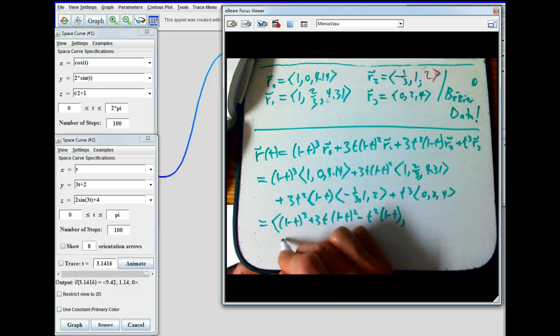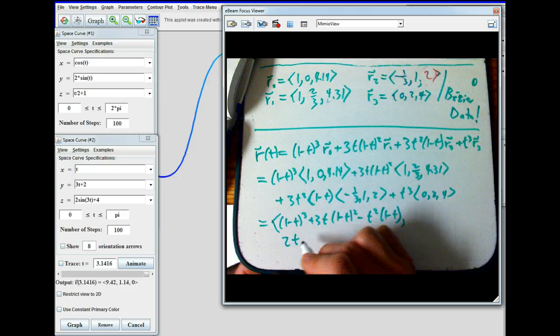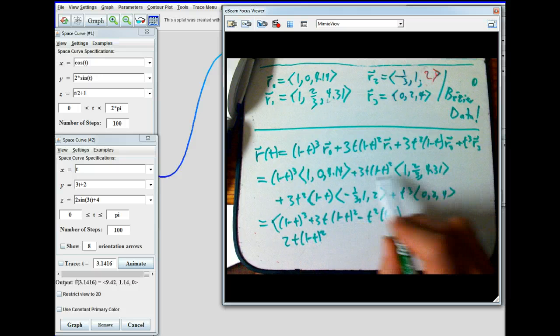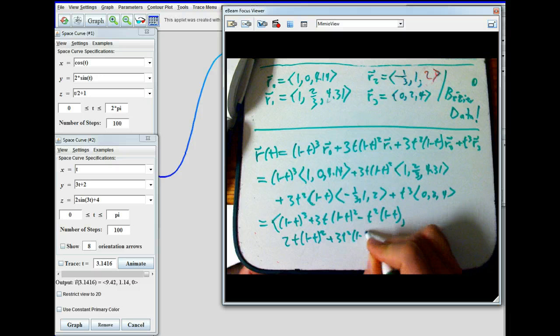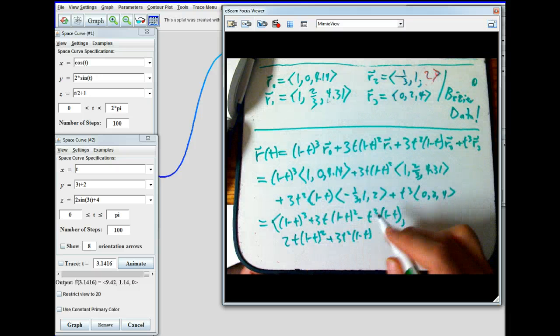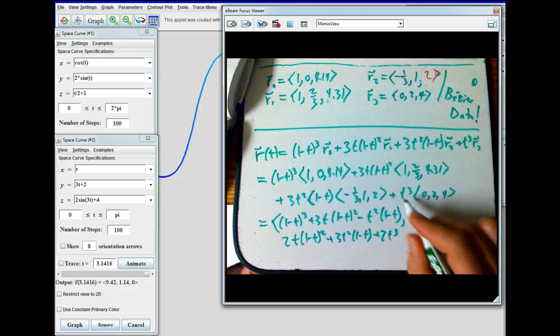And then 2t times (1 minus t) squared. That's 2/3 times the 3 there. Plus 3t squared (1 minus t). That's this times this. And then plus 2t cubed. That's this times this.